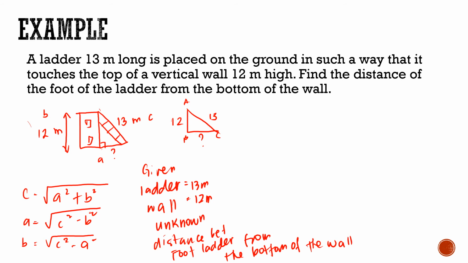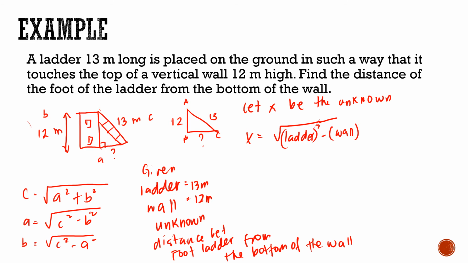Let's assume that x is the variable for the unknown. Let x be the unknown. So we can say that x, or this side, is equal to the square root of the measurement of your ladder squared minus the measurement of the height of the wall squared.